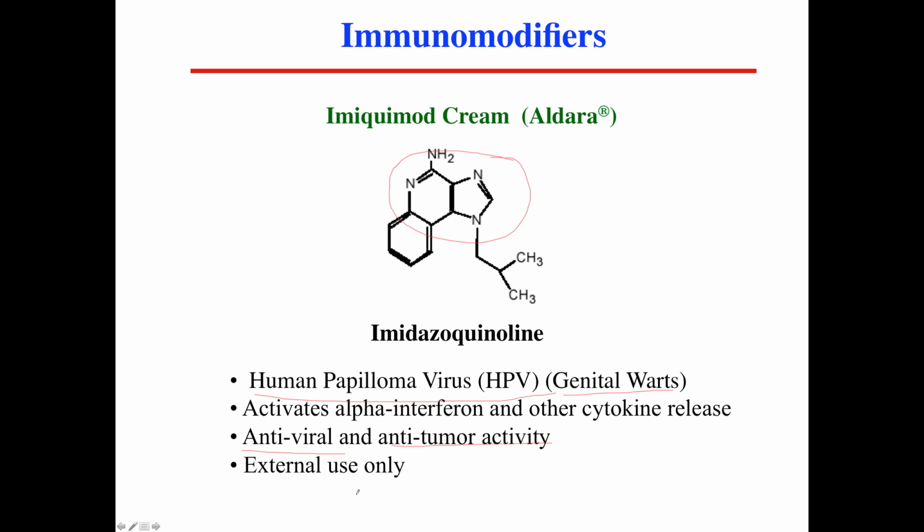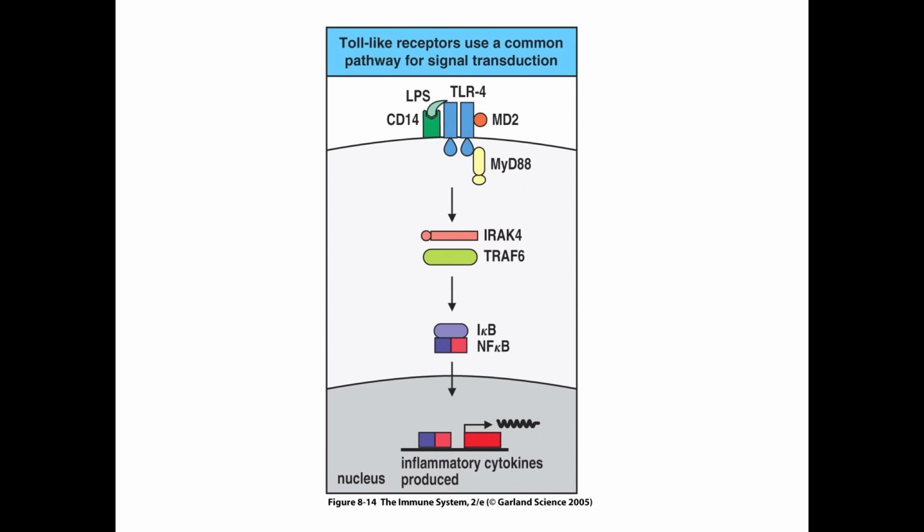They activate toll-like receptors, and in fact, Aldara works by binding one of those toll-like receptors, toll-like receptor 7. So it functions sort of like an RNA mimic.